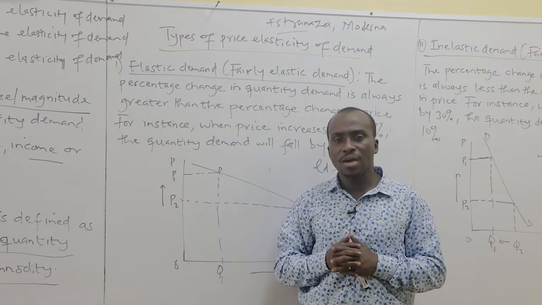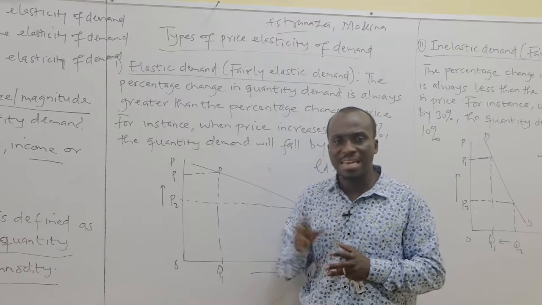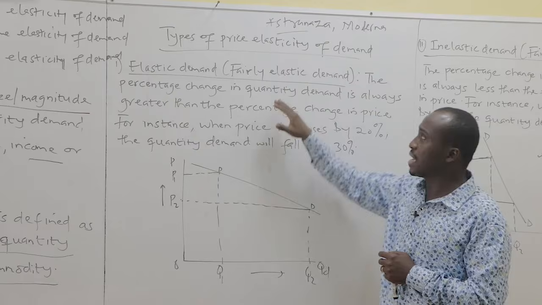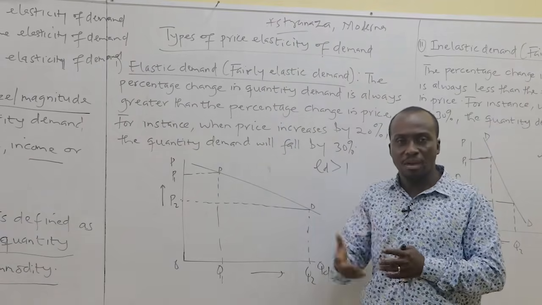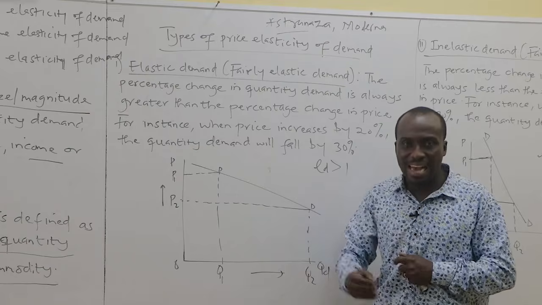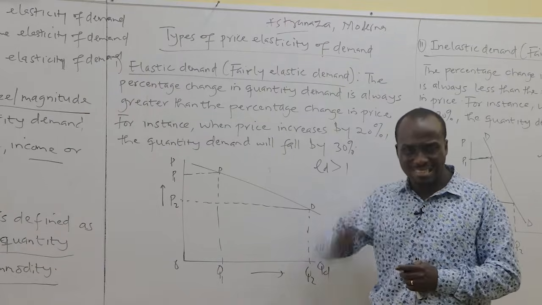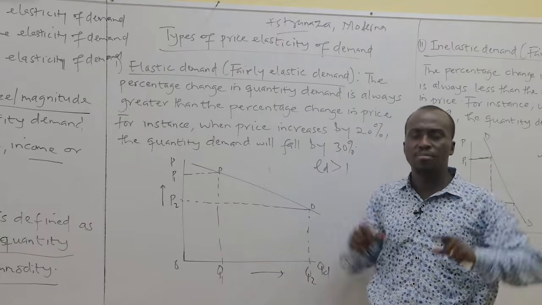Later, we're going to look at some of the factors that cause these, when we are finished talking about these types of elasticities. So the elastic demand, or what we call fairly elastic demand, is when the percentage change in quantity demanded by the consumer is higher than the percentage change in price. Meaning that the commodity is very sensitive. The slightest changes in price bring about a large change in the demand.